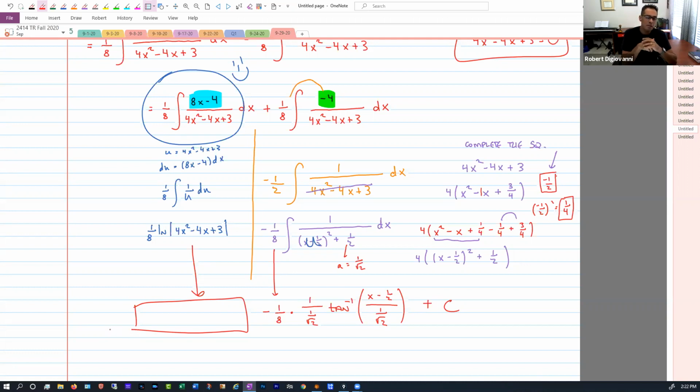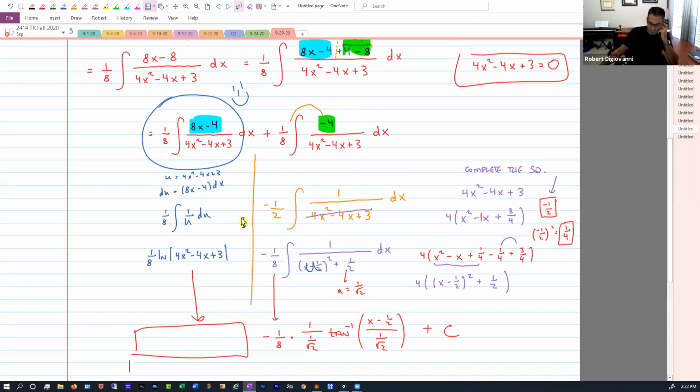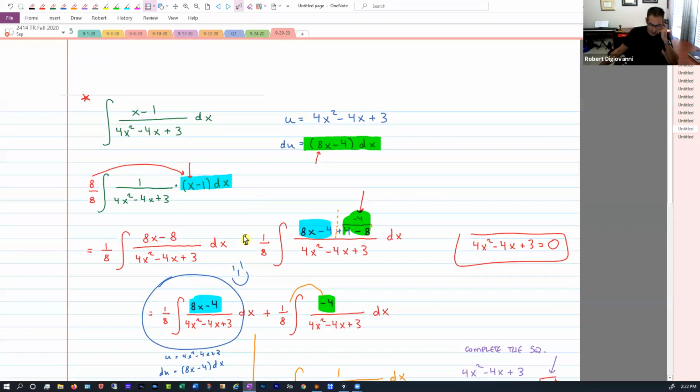So I know that some of you may get some help from friends or a tutor or something like that. And I know that if you see it the other way, you might be mad at me for showing it to you this way and say, it's just easier the other way. And I get it. But like I said, there's something about making this thing appear up here, forcing this 8x minus 4 to happen.